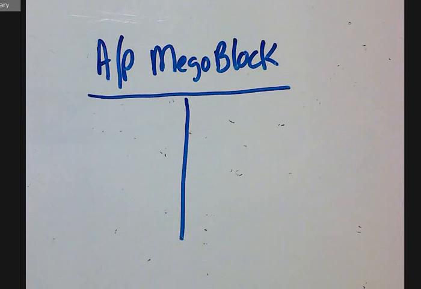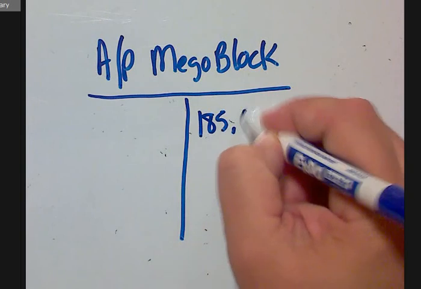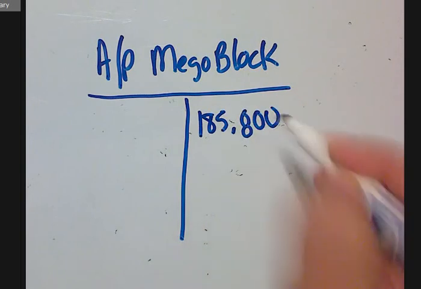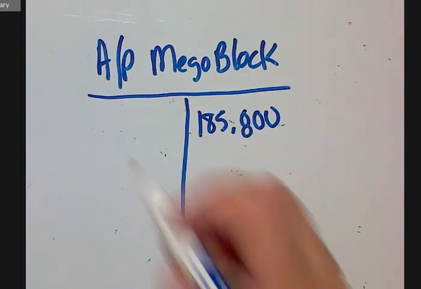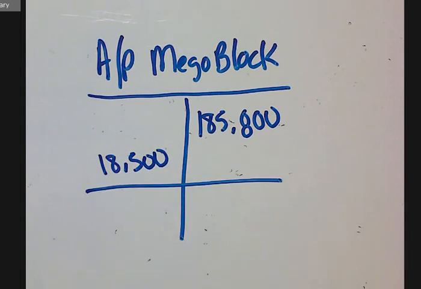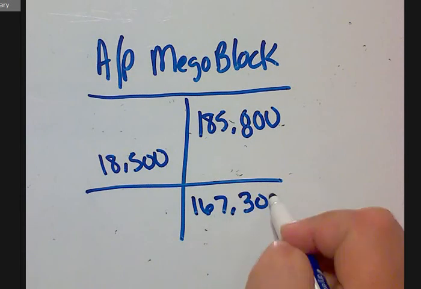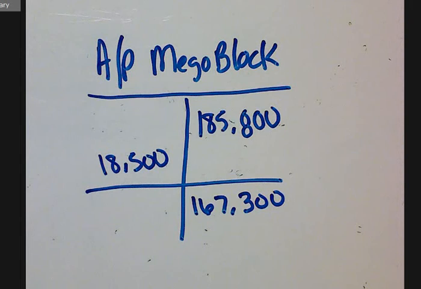They originally purchased $185,800, but then they returned $18,500. So that would give them a credit balance in their AP account of $167,300.